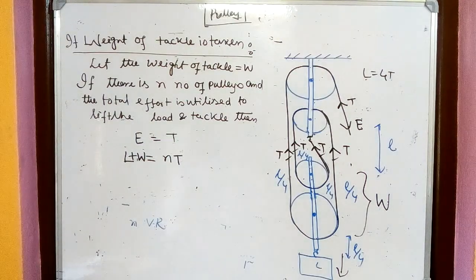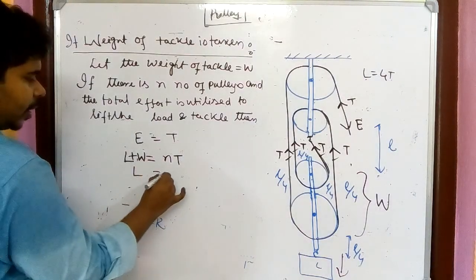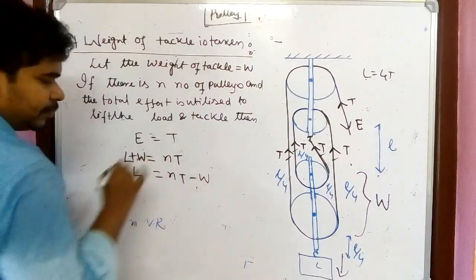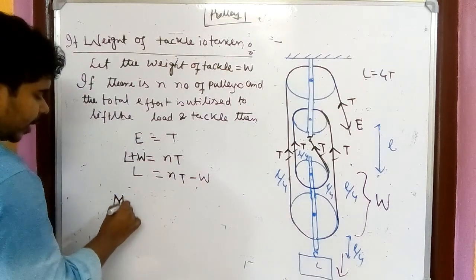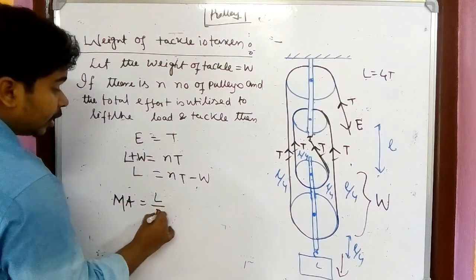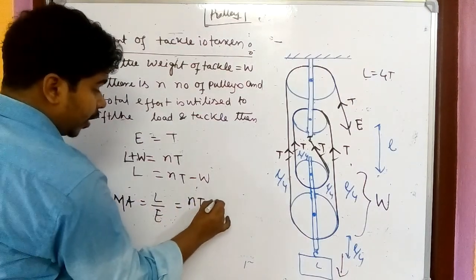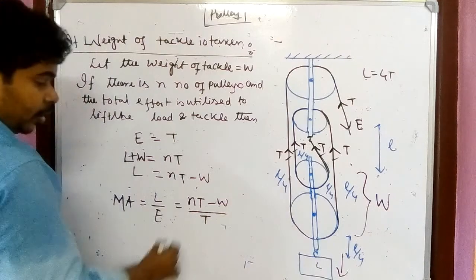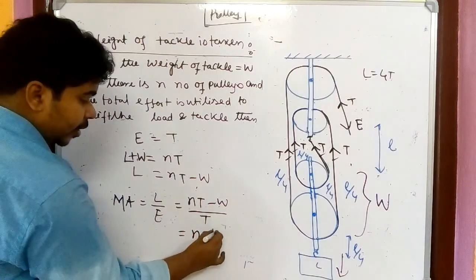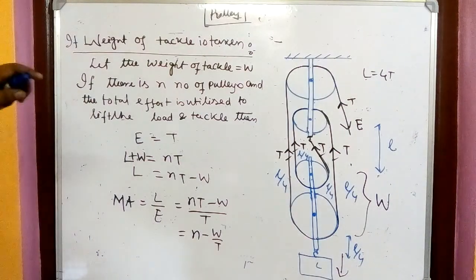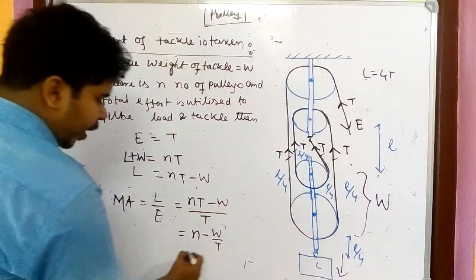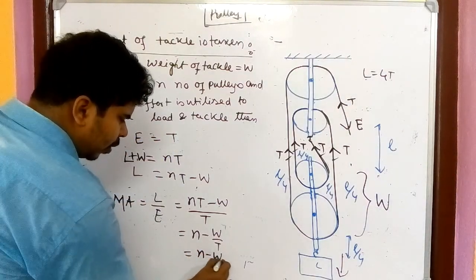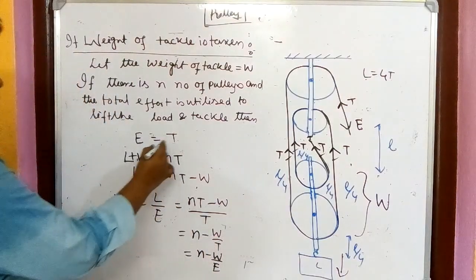So L plus W is equal to NT, so L is NT minus W. Now if I want to find the mechanical advantage, it is load by effort, that is (NT minus W) by T. So if I separate it, it is N minus W by T. Effort is equal to T, so we can write it as N minus W by E.